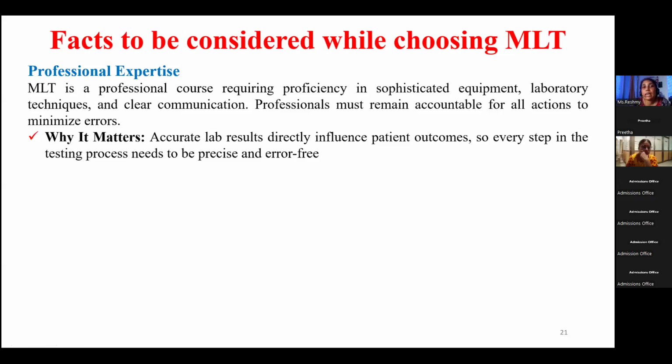Clinicians are relying on your result for treatment decision making, which directly influences the patient outcome. So there is no chance of getting an error there. Maximum minimization of error should be there. The chance of error is minimum here, because any error is directly going to influence the patient outcome. So that should be taken into mind, that this is a professional course.